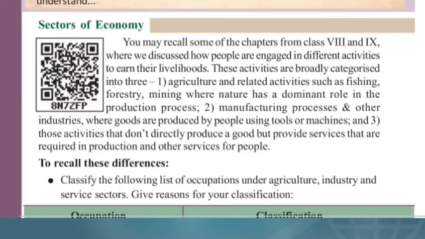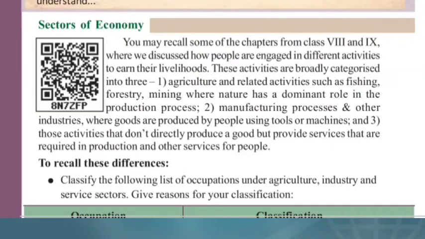Next one, the third one, the tertiary sector. What is this tertiary sector? It is called the service sector. Those activities that do not directly produce a good but provide services that are required in production and other services for people are called the tertiary sector.